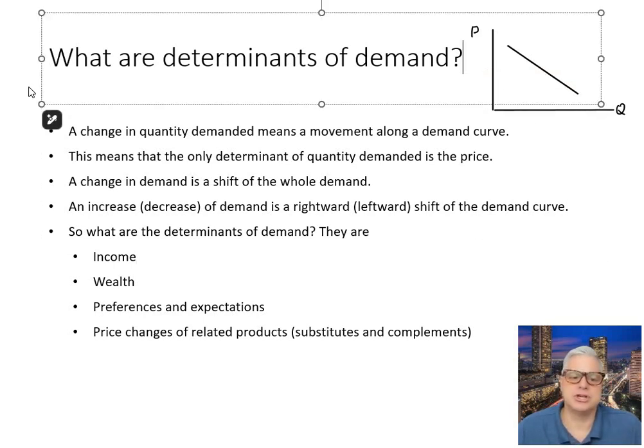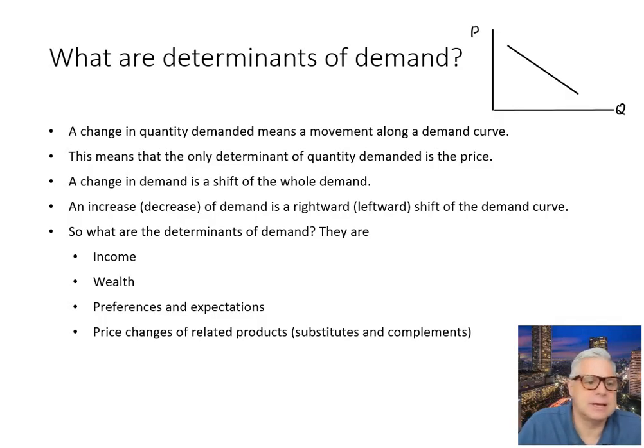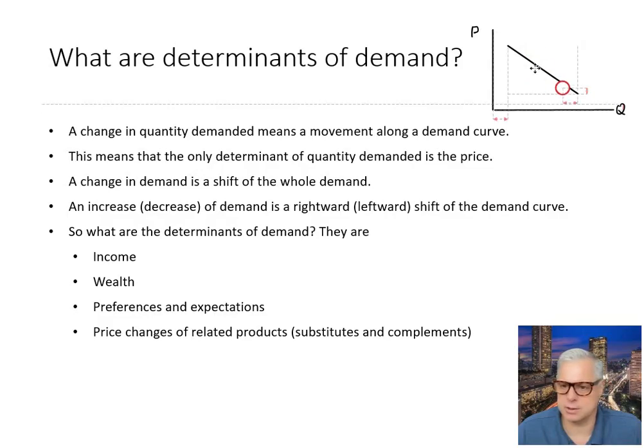But if I move along a given demand schedule, from one point to another, that is a change in quantity demanded. Whenever the curve shifts, this is what we call a change in demand.